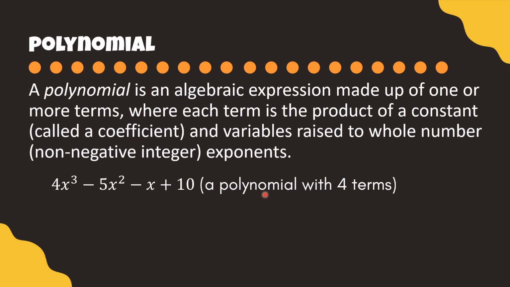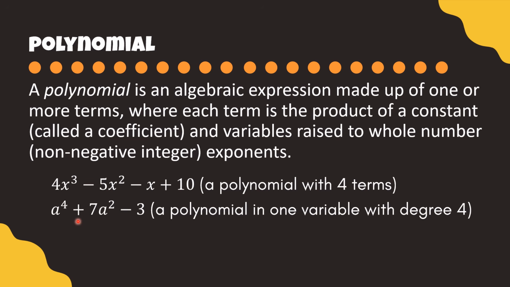It is a polynomial with 4 terms. This is how we identify the number of terms. 1, 2, 3, 4. Subtraction or the addition is the separator of your terms.